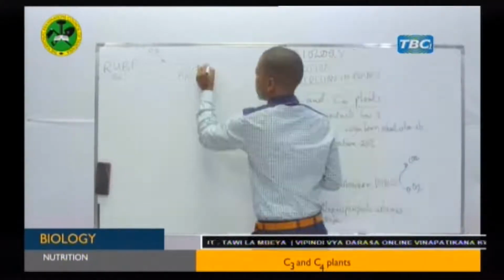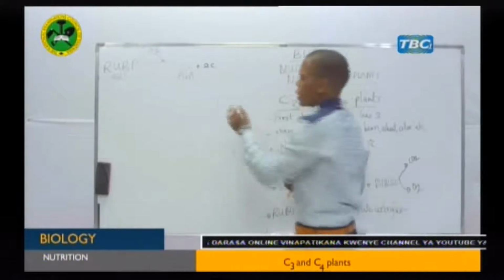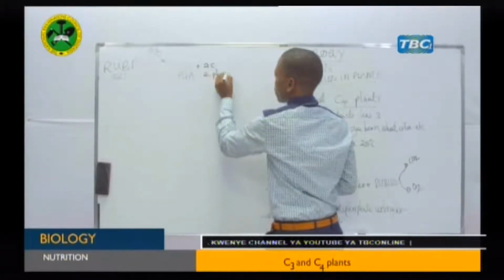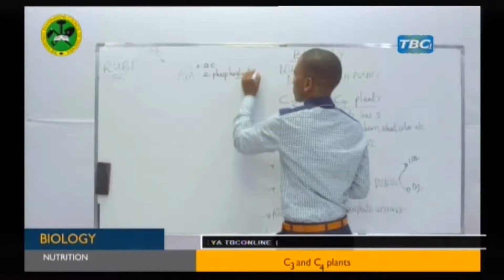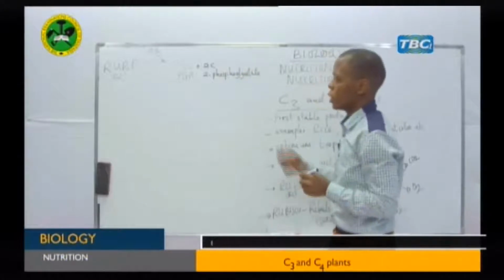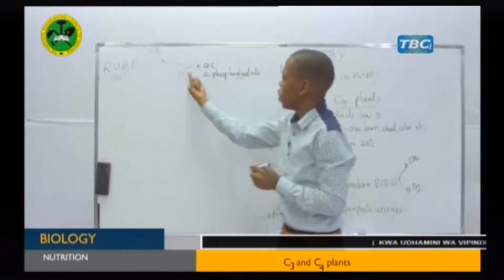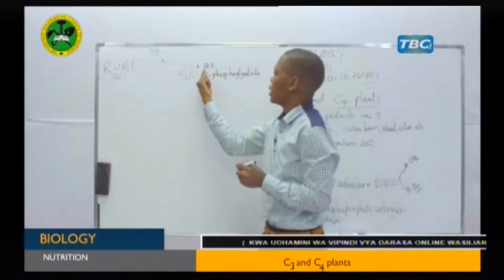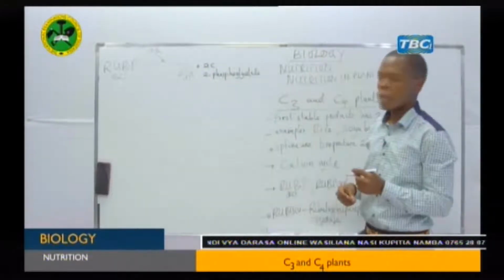And the other molecule, a 2 carbon compound, we call 2-phosphoglycolate. You see, this is a 5 carbon compound. Once it is oxidized, it forms a 3 carbon compound, phosphoglyceric acid, and a 2 carbon compound, phosphoglycolate.